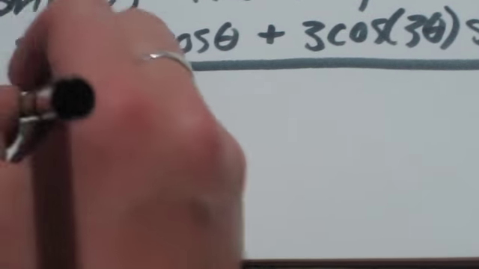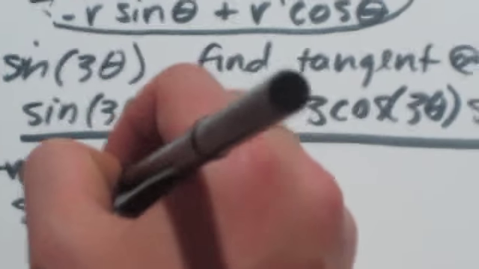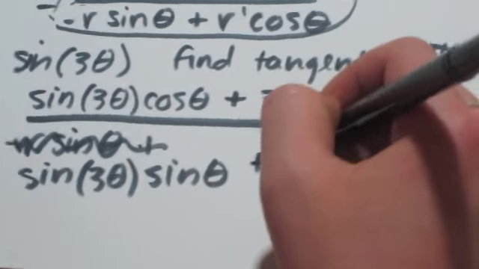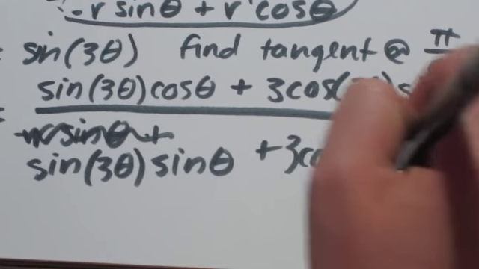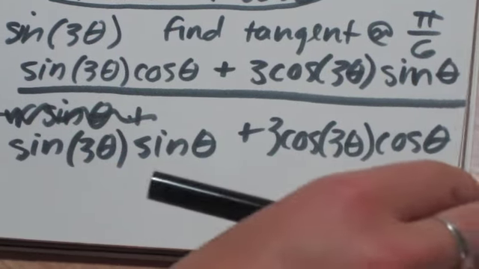Oops, sorry, that should be sine 3 theta sine theta plus 3 cos 3 theta cosine theta. Okay, so I have this equation. Sorry, it's hard to read. I'm going to rewrite it on the other page.